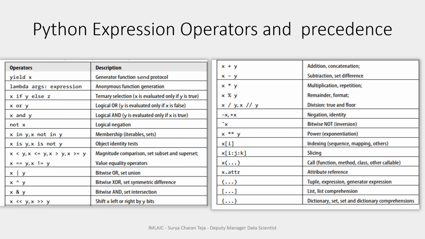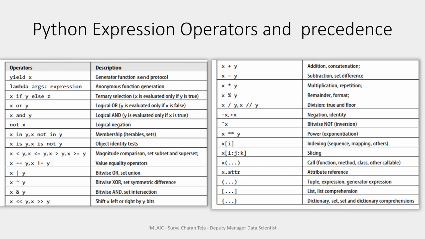Some other expression operators here are X if Y else Z. This means it is a ternary selection. When you say X or Y, it's a logical OR, which means Y is evaluated only if X is false. When I say X and Y, Y is evaluated only if X is true. This is logical AND. And not X means logical negation. X in Y, X not in Y are membership operators that we have discussed, applicable for iterables and sets.